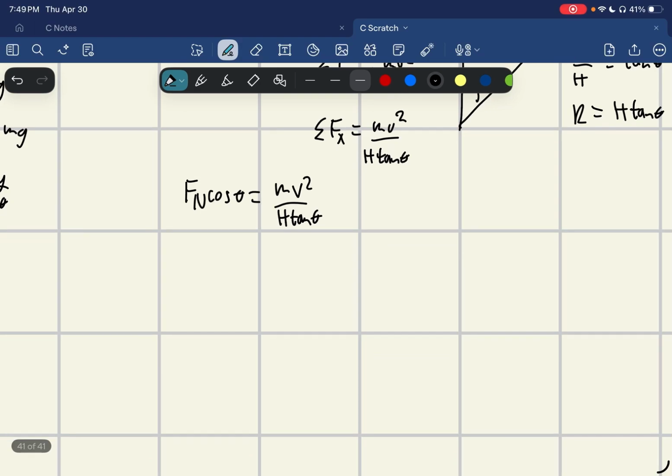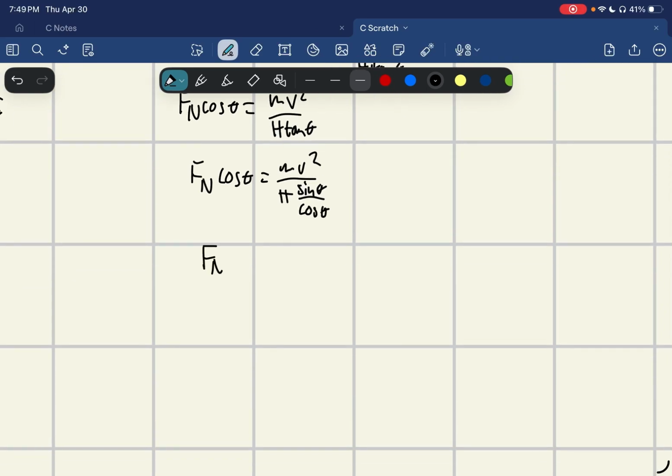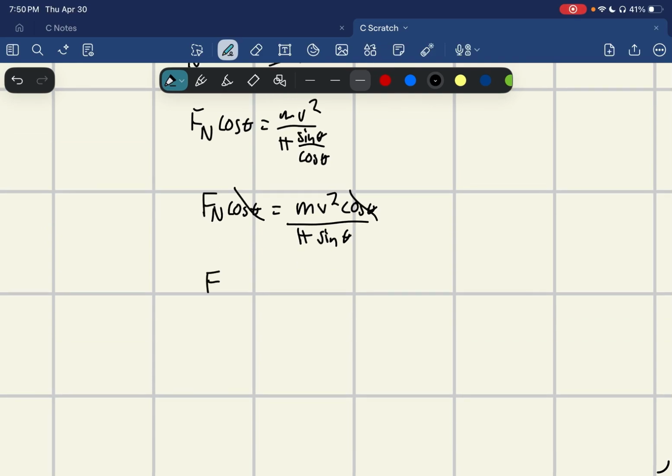Here I'll break up tangent theta into sine theta over cosine theta, and the cosine theta will flip over to the top of the fraction. So Fn cosine theta is equal to mv squared cosine theta all over h sine theta. The cosines from both sides will cancel out, so you're left with Fn equal to mv squared all over h sine theta.